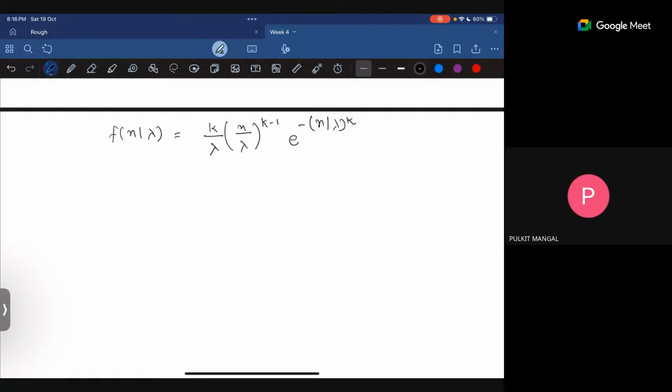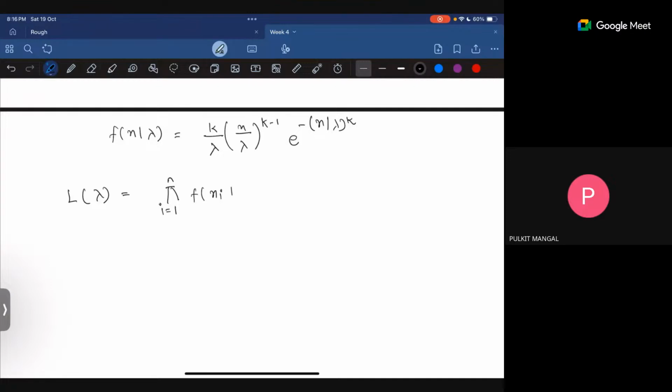Now we have to find the MLE. The first thing that we need is the likelihood function. So the likelihood function would be what? Just the product across all xi values.